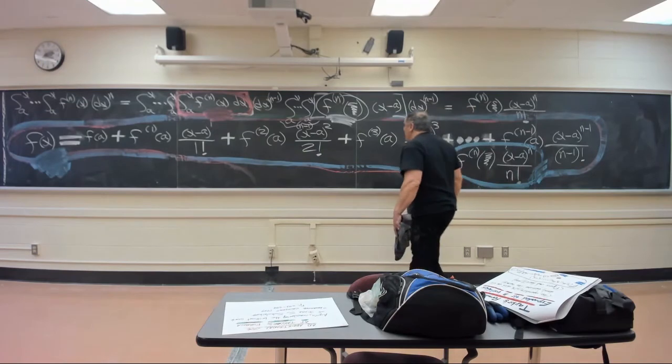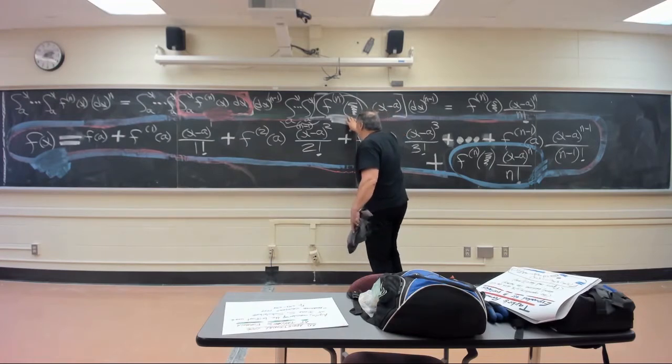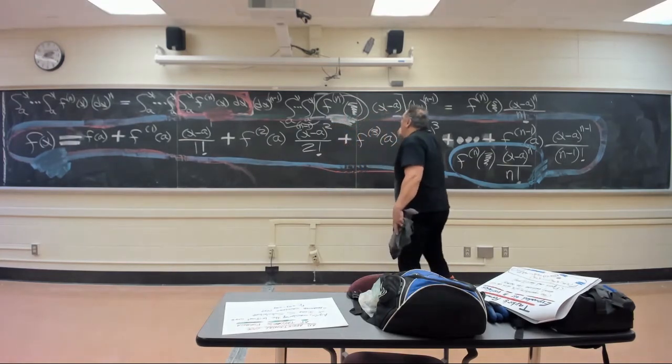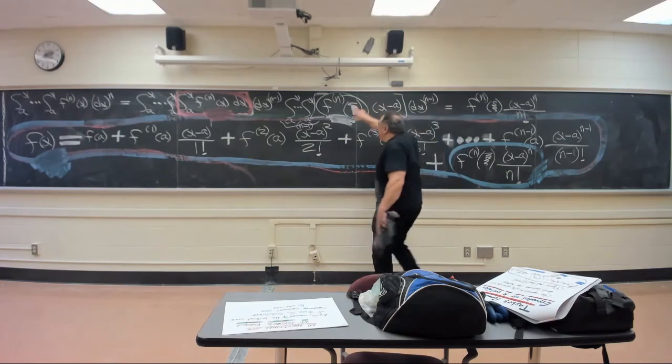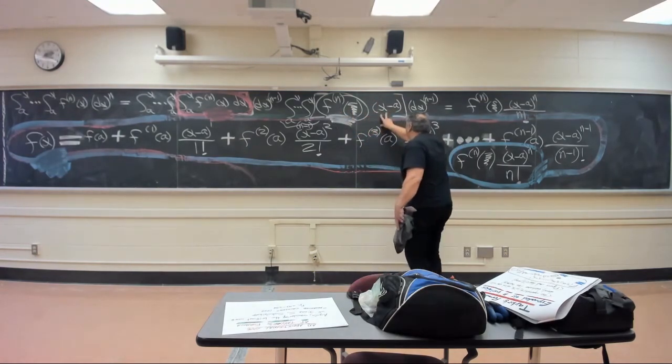For the nth derivative of f with respect to the variable x, there's a psi such that if you multiply it by the length of the interval from a to x, so x minus a is the length of the interval, times the mean value of the nth derivative of f within that interval from a to x. We multiplied it by the length of that interval, and that'll give you the first integral. Then you just kept doing integration. This guy's not changing. It's a constant. This is what's varying.